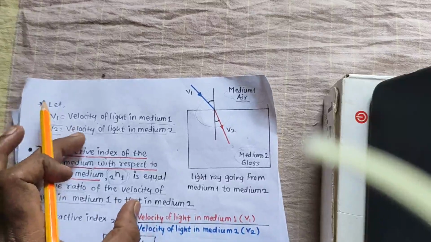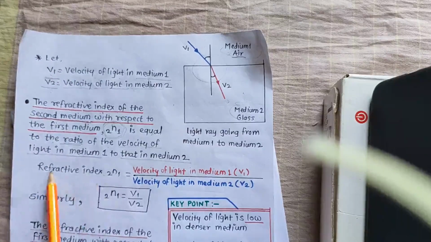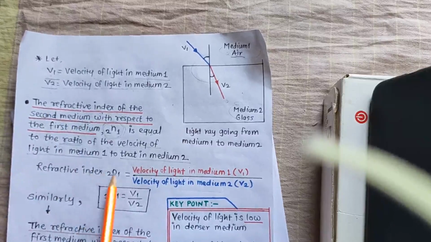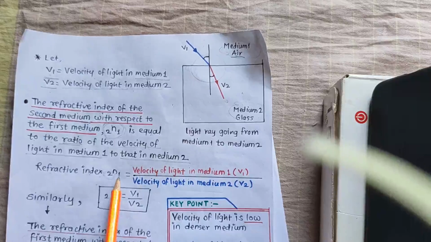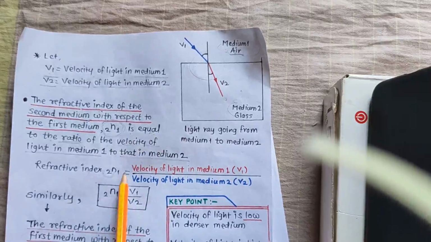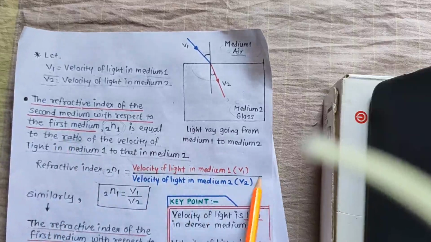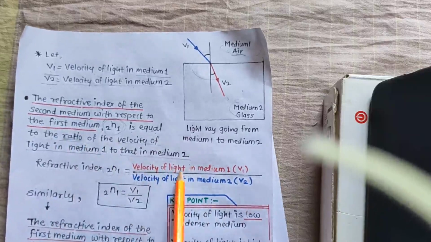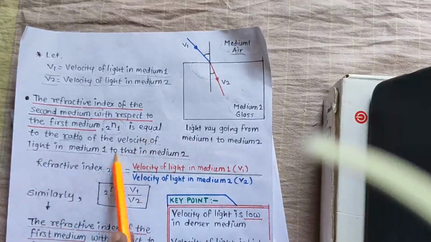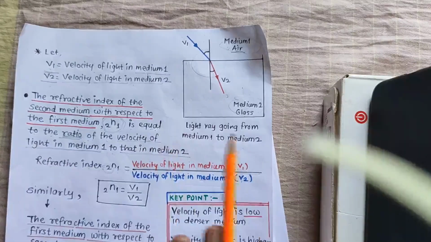Whatever definition is given here, its formula is here. The refractive index of the second medium with respect to the first medium is equal to the ratio of the velocity of light in medium 1 to the velocity of light in medium 2. Simple concept.